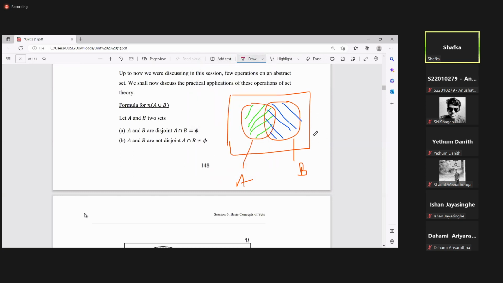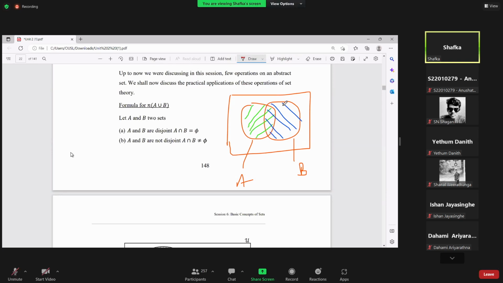The total colored shaded region represents A union B.